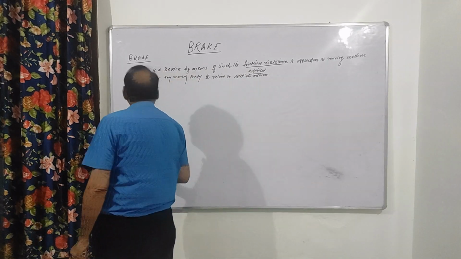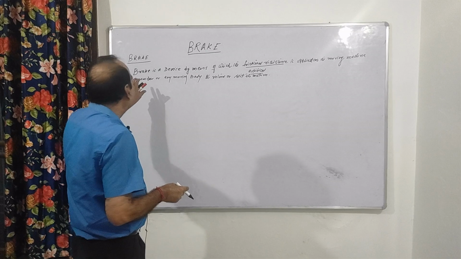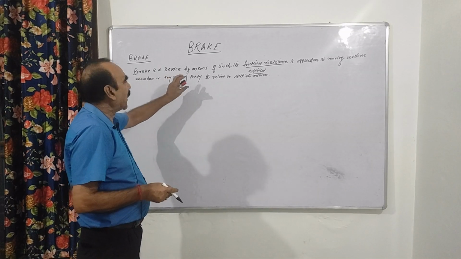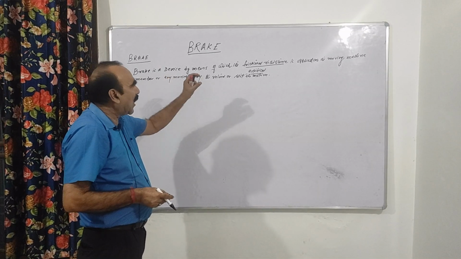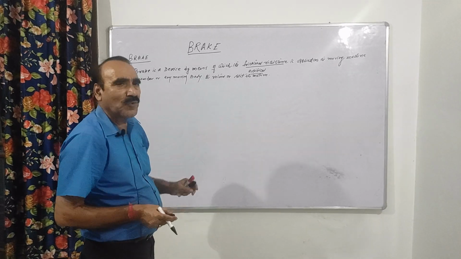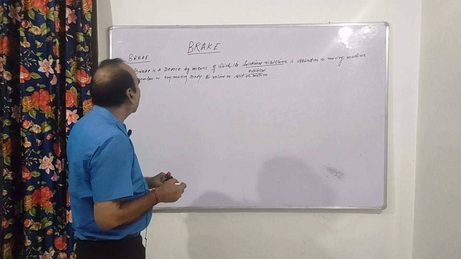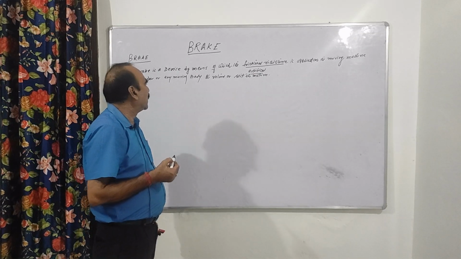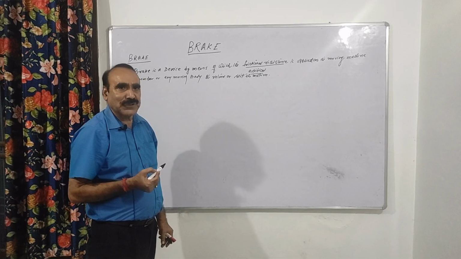So this is the definition of the brake. You understand that brake is a device by means of which the artificial frictional resistance is applied on the moving machine member or any moving body to retard or stop its motion.